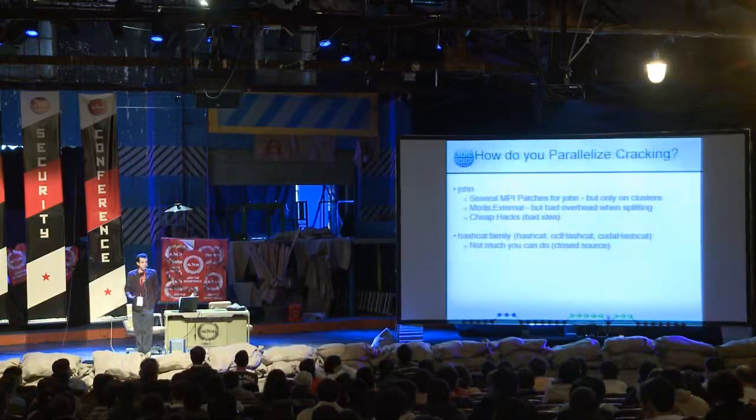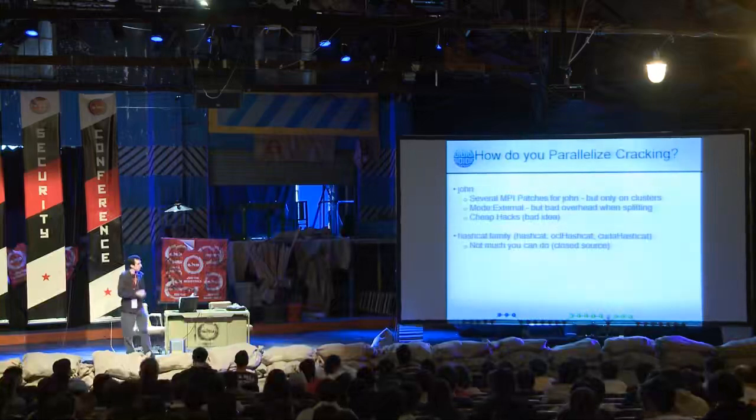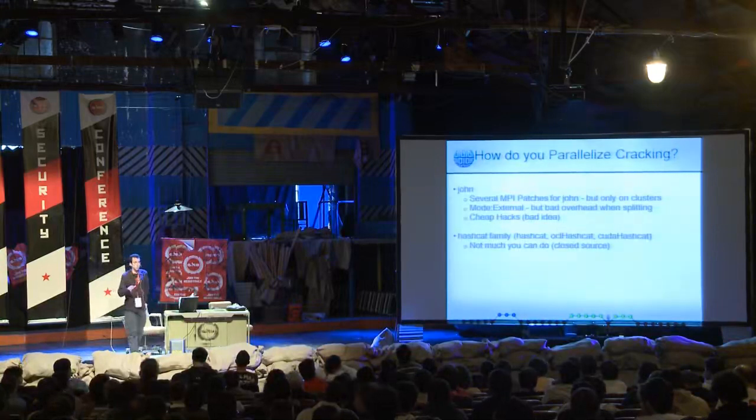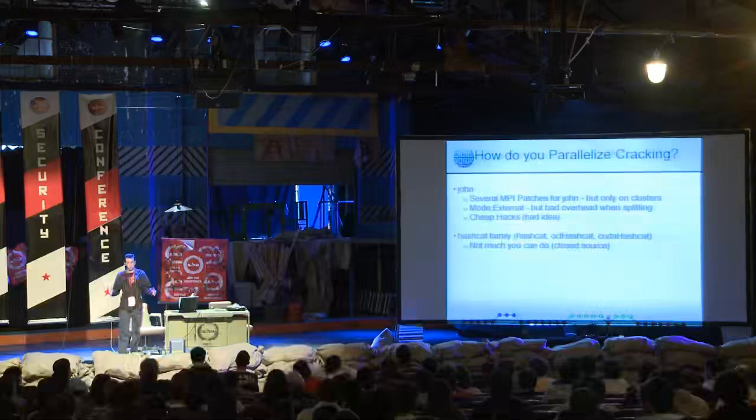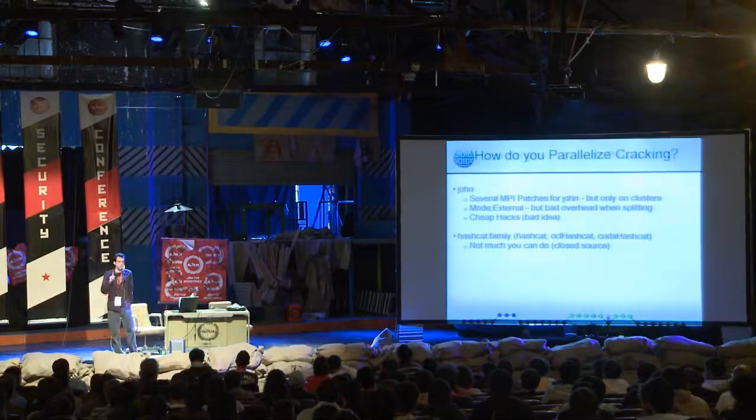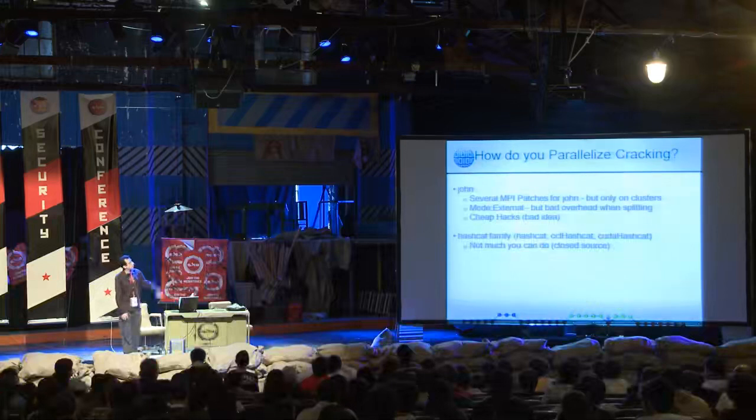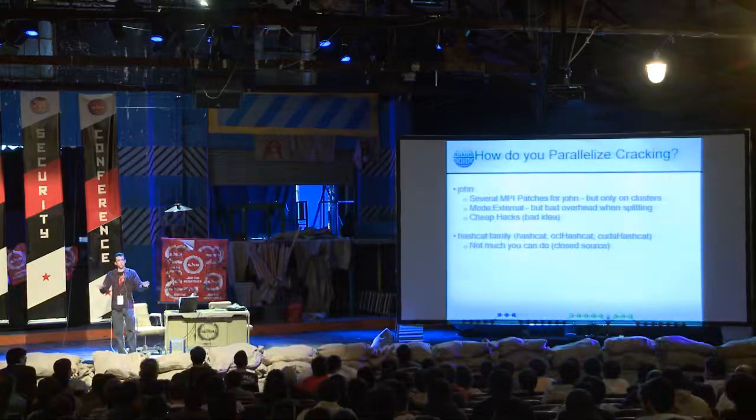So the two biggest crackers are John the Ripper and Hashcat. John the Ripper is open source, and there's several MPI patches. So they run on multiple cores in a computer. If you have a 64-core machine, you're good. If you have 64 one-core machines, you're kind of screwed. So there's something called mode external. Mode external will split the work between any number of computers.